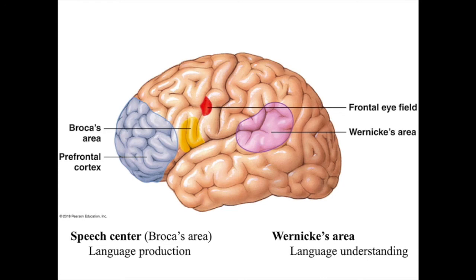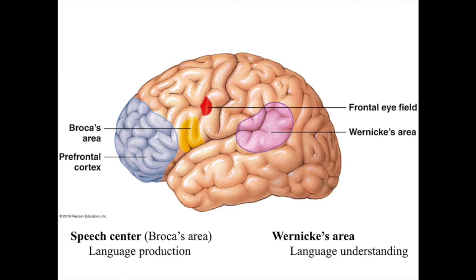An equivalent area, but for understanding, is called Wernicke's area. Wernicke's area seems to provide understanding. So if a patient has a lesion in Wernicke's area, the patient will be able to produce language, but the meaning is lost.